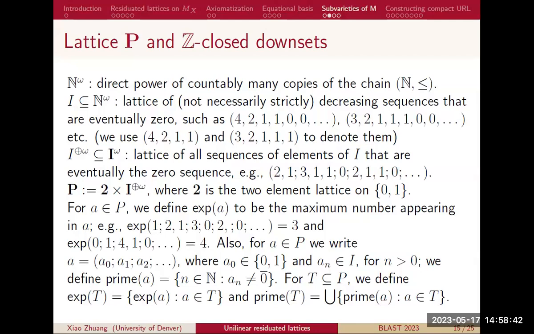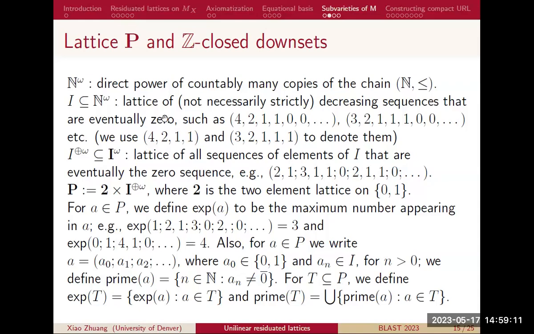And we give another notation, prime of A. We just collect the indices of the finite sequences which are not zero sequences. We collect those indices. And this is the notation for the elements. For a subset T, expo of T is just the collection of those maximum numbers, and prime of the subset T is the union of those prime sets.